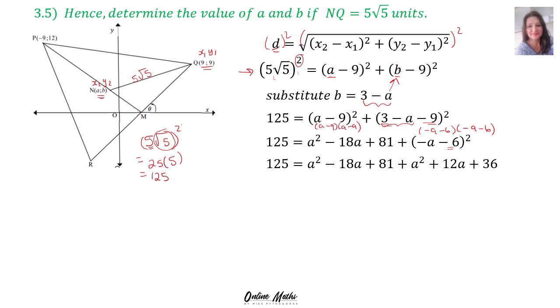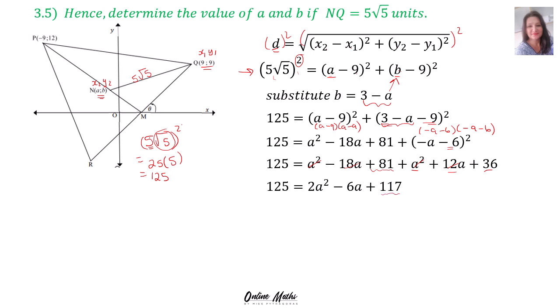You FOIL it out and you end with A squared plus 12A plus 36. And then you add your like terms. A squared plus A squared is 2A squared. Negative 18A plus 12A is negative 6A, and the constant terms 81 plus 36 is 117.